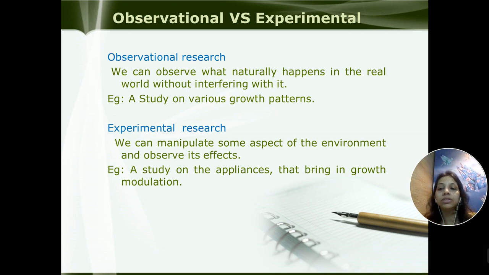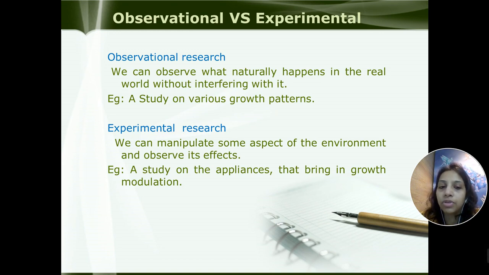Second is experimental research. In experimental research, in a naturally going on procedure, we apply our own intervention or manipulation, and then we observe the results. An example of observational research is a study on various growth patterns of the maxilla and mandible. We just observe them.